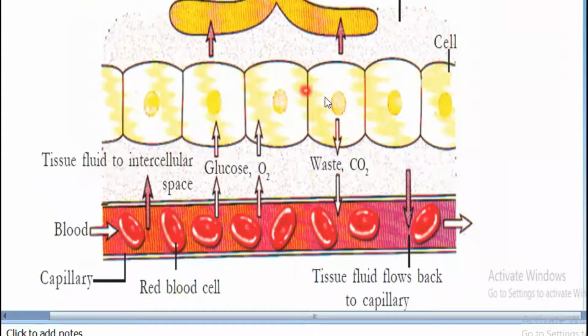Then, from the cells, the waste and the carbon dioxide reach the intercellular spaces. From there, it reaches the blood capillaries. That is, tissue fluid flows back to capillaries.